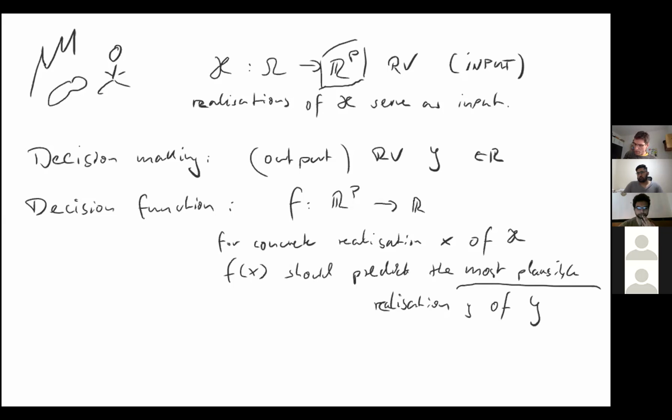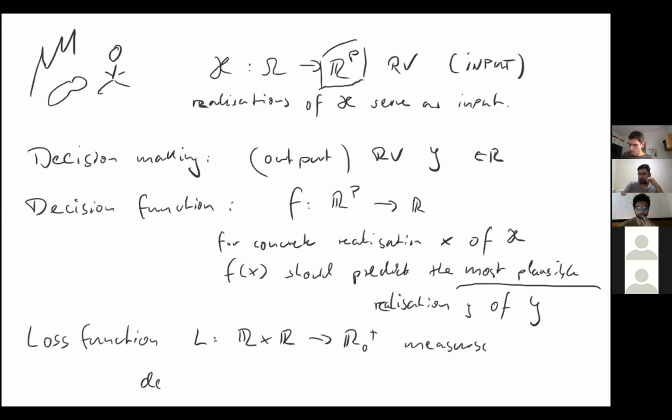The loss function is actually a function that has two real inputs and assigns to it this deviation in R plus 0, and it measures the deviation of f of x and y.